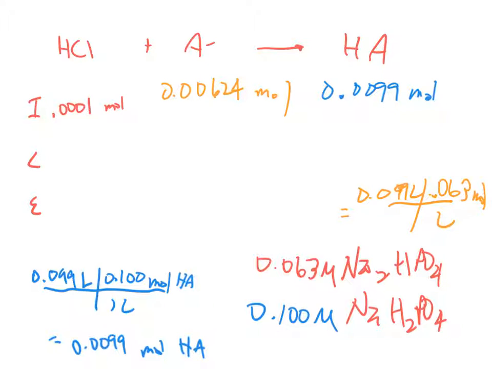Okay, so now we looked at all of the initial concentrations. Now this is the change. This isn't as difficult as some people may think, because it's the stuff on the left-hand side that's reacting to make the stuff on the right-hand side. All you do is look to see which one of those is a smaller number. Which is smaller, the moles of HCl or the moles of A minus? HCl, because the A minus only has 2 zeros and the HCl has 3 zeros.